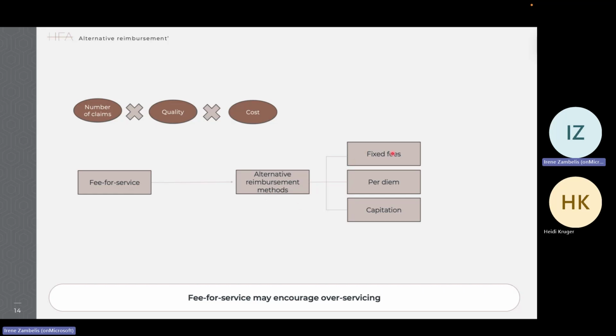And they can include a fixed fee, where for a day in hospital for a particular procedure, the hospital will be paid a fixed amount, irrespective of what the charges were. Like for a tonsillectomy, the scheme will pay the hospital 3,000 odd rand.